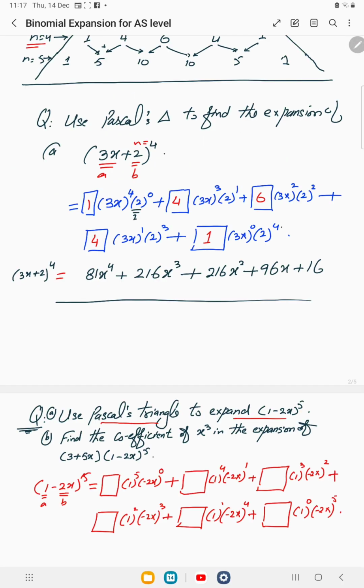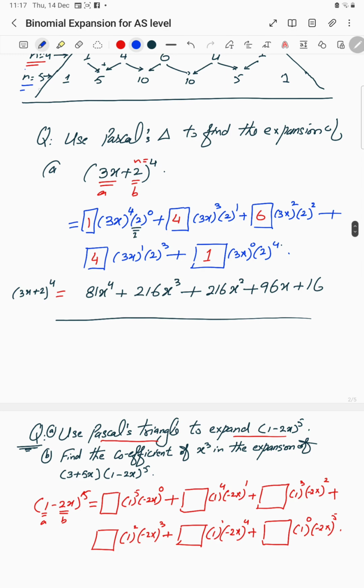Here guys, from the coefficient as we have done in the Pascal triangle, here you can see when n was 5, the coefficient starts from 1, then it was 5, then it was 10, then 10, then 5, then 1, right? As in the Pascal triangle we know this.